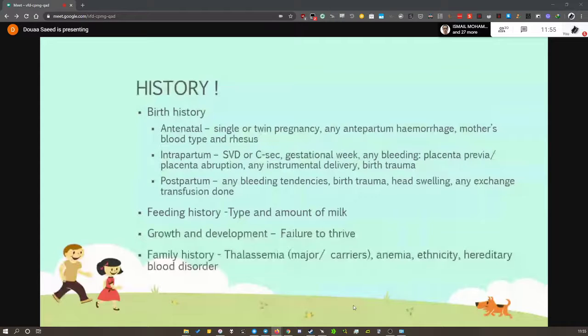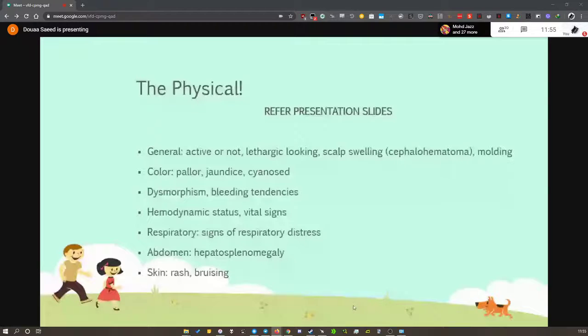But generally, you want to know if the baby is active or not, if they're lethargic looking, if they're pale, jaundiced or cyanosed. Is there any dysmorphism or bleeding tendencies? You want to note the hemodynamic status and the vital signs. You want to know if there's any signs of respiratory distress, any hepatosplenomegaly, any skin rash or bruising.